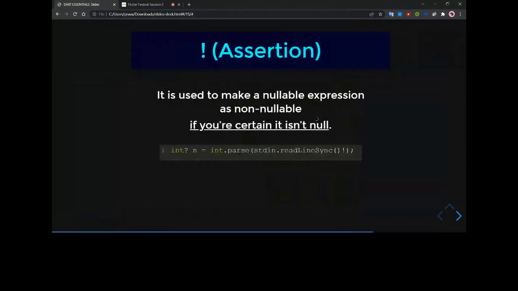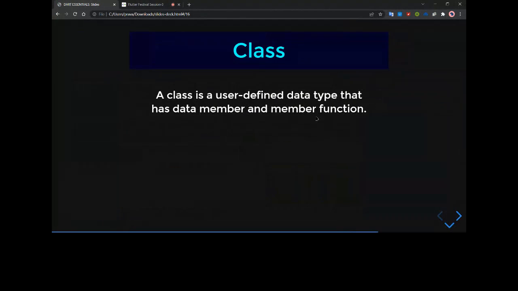Now let's go to the class. Okay, so as I told you in yesterday's session, Dart is an object-oriented programming language, so it supports the concept of classes and objects.